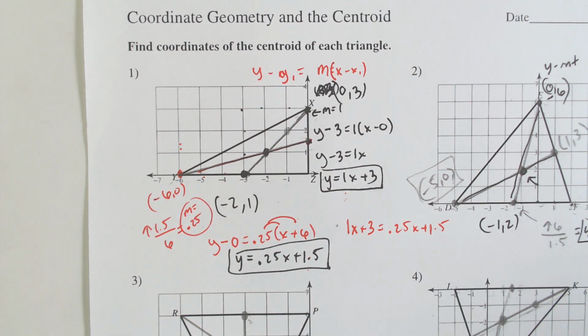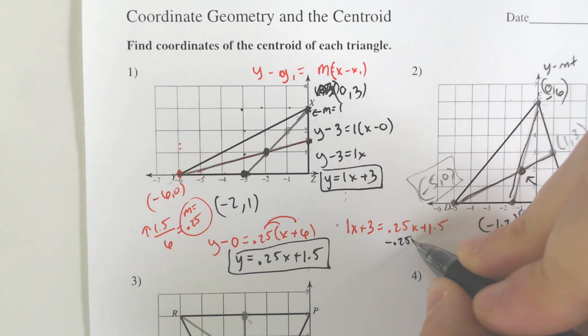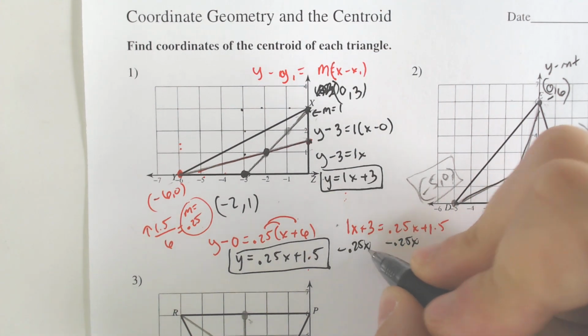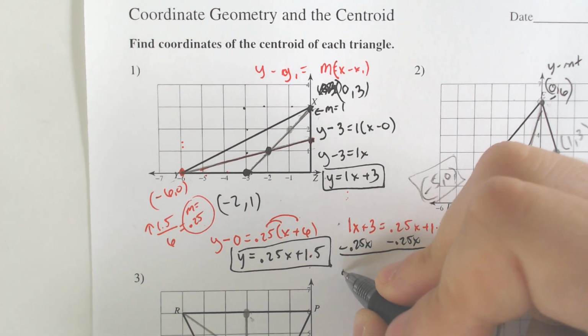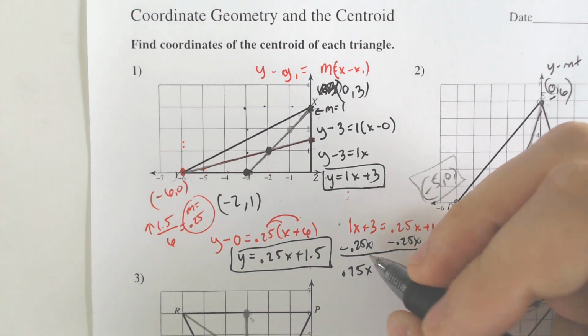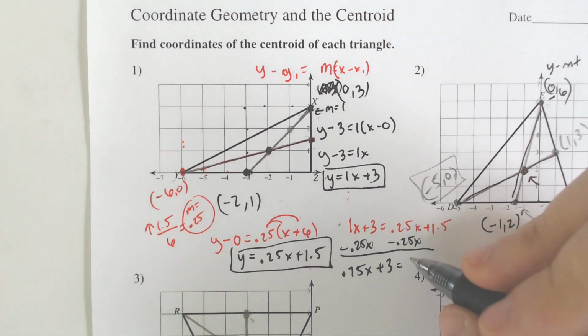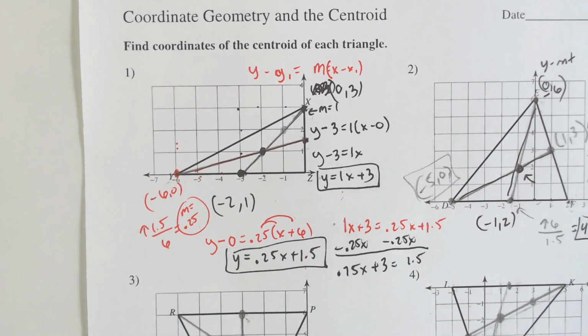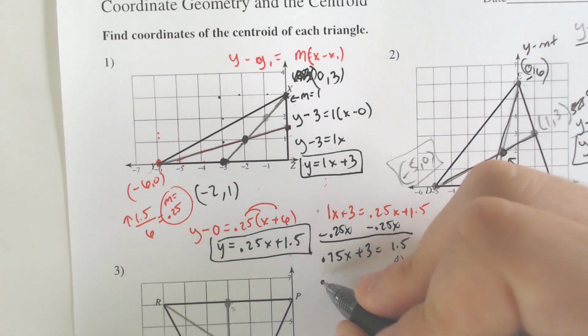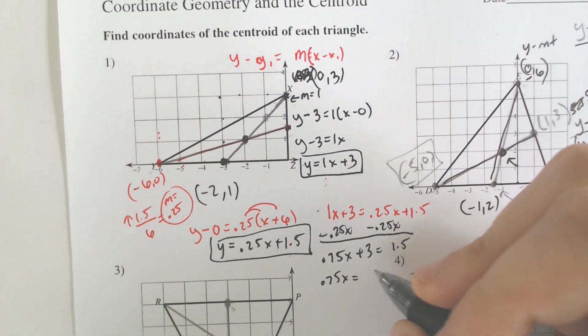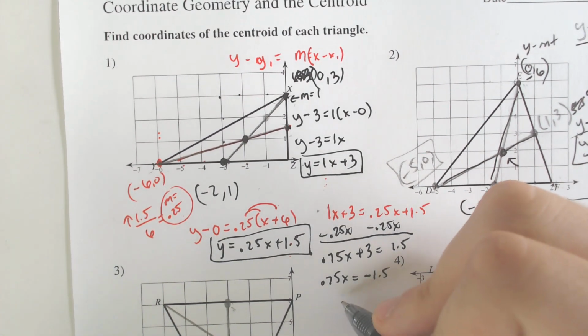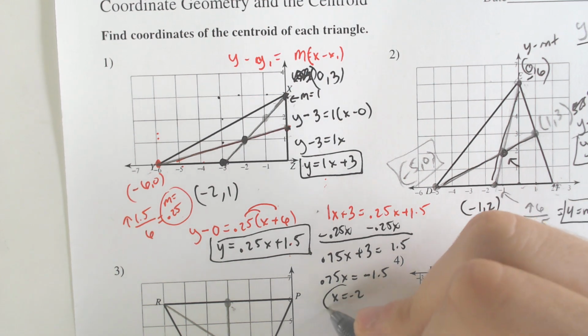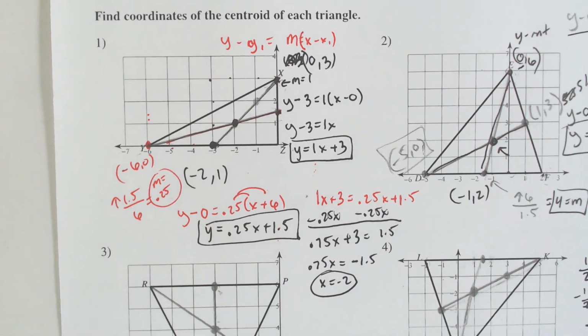Subtract 0.25x from both sides, and we get 0.75x plus 3 is equal to 1.5. Subtract 3 from both sides, you get 0.75x equals -1.5, which means x is equal to -2.